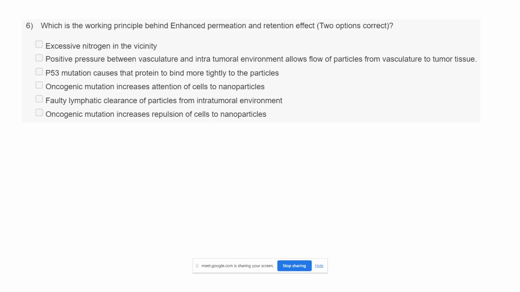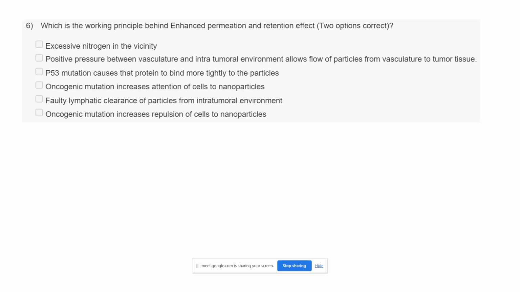Positive pressure between vasculature and intratumoral environment allows flow of particles from vasculature to tumor tissue. P53 mutation causes that protein to bind more tightly to the particles. Oncogenic mutation increases the attraction of cells to nanoparticles. Faulty lymphatic clearance of particles from intratumoral environment. Oncogenic mutation increases repulsion of cells to nanoparticles. What is the working principle of the enhanced permeation and retention effect?